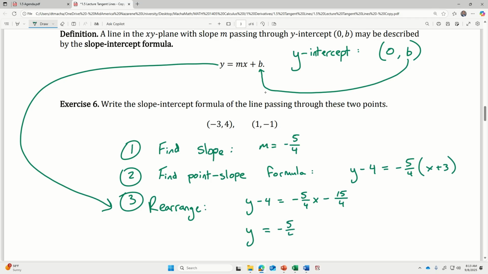And adding 4 to both sides is the same thing as adding 16 over 4 to both sides. So that's going to be 1 over 4. And there we go. I can tell that my slope is negative 5 over 4, and the y-intercept of this line is going to be 1/4.